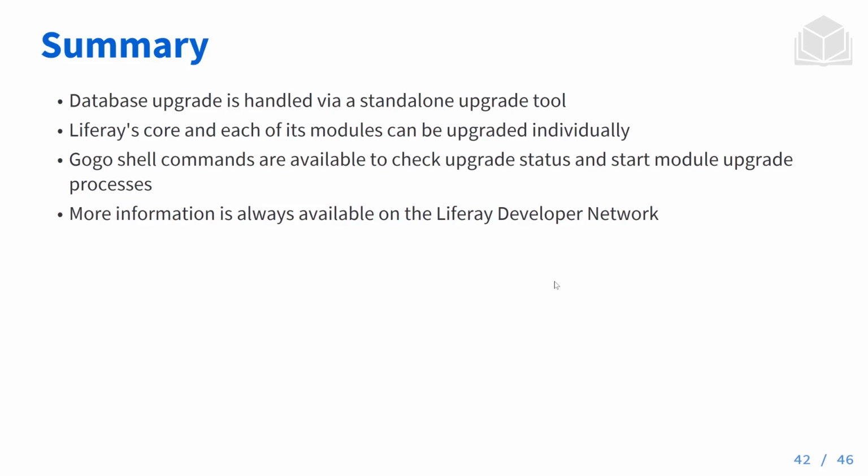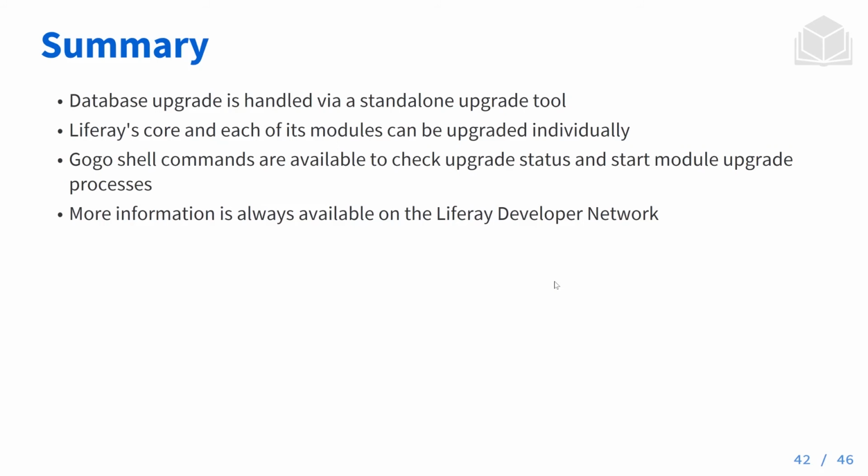At the end of the day, let's talk one more time about the key points from this discussion. We have an upgrade tool that helps us with the upgrade process of Liferay's core and Liferay's modules. We can upgrade the core and the modules at the same time, or we can upgrade the core and the modules separately.